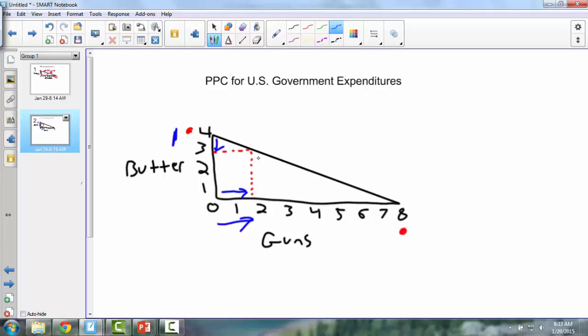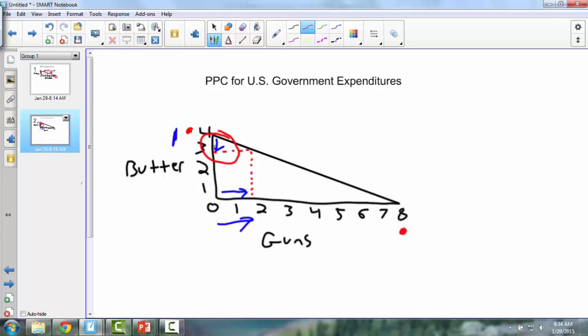So my opportunity cost, remember guys, opportunity cost is the cost of the foregone option or the next best alternative. So the next best alternative in this case is what I gave up. So what did I give up, guys? I gave up producing 1 unit of butter. U.S. Congress decided it would be best to spend more money on guns.